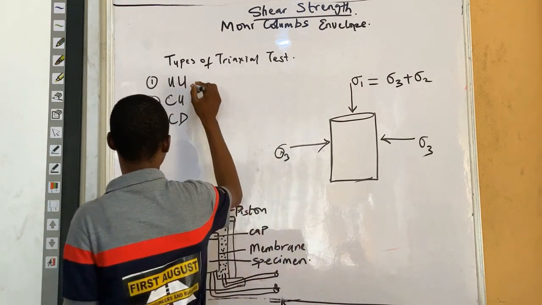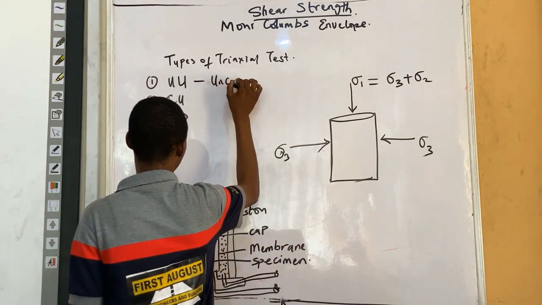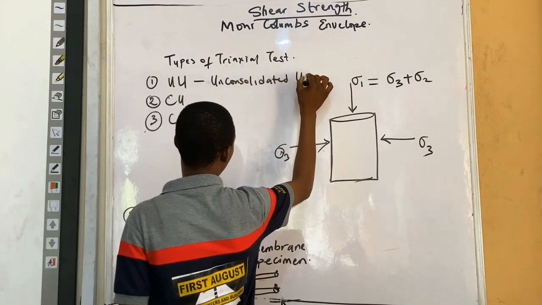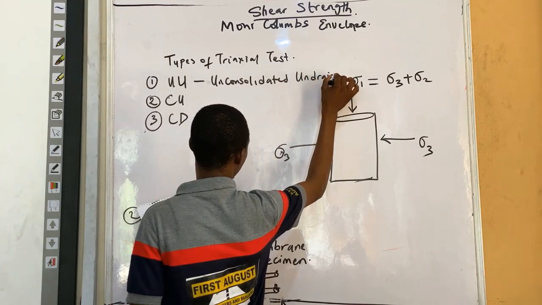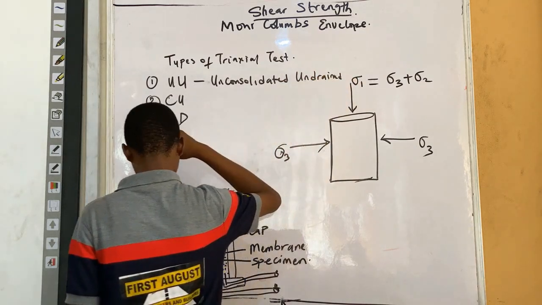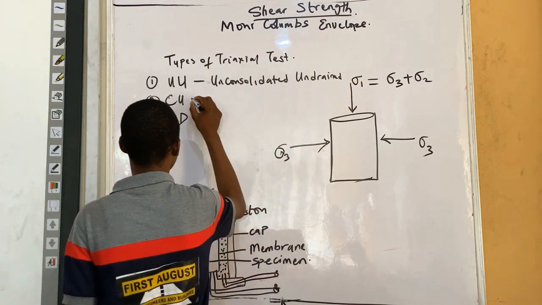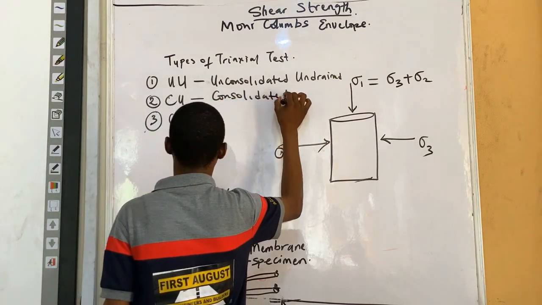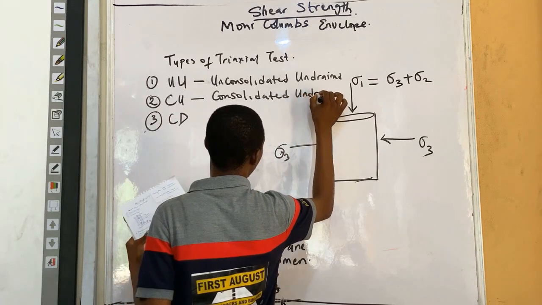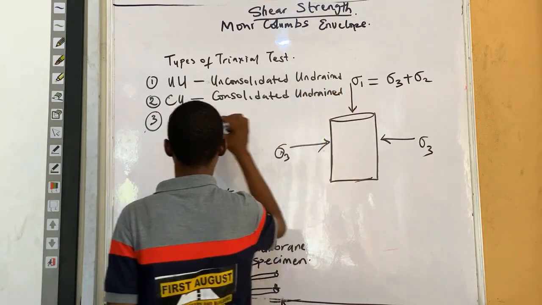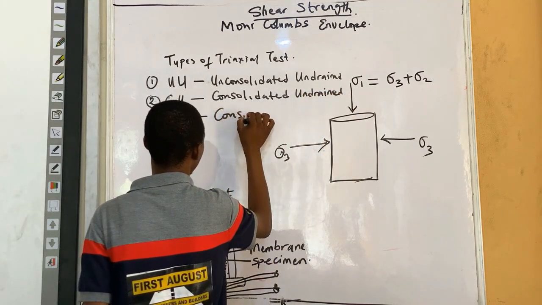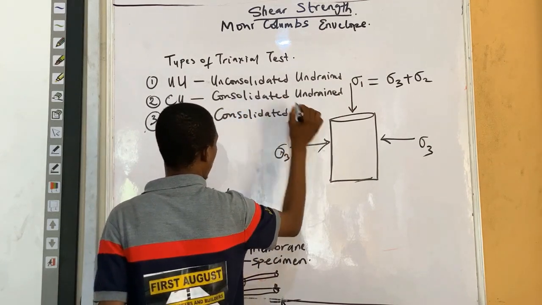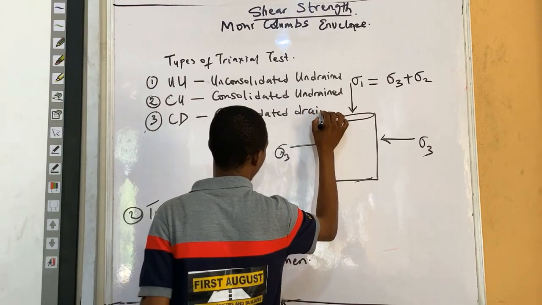This one is unconsolidated undrained, this one is consolidated undrained, and this one is consolidated drained.